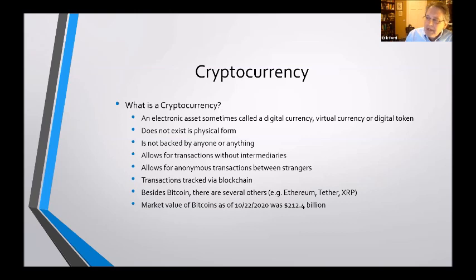It is not backed by anyone or anything, unlike government fiat currencies that we use, like the dollar and the pound and the euro, which are backed by central banks and the full faith and credit of governments, hopefully. It's not backed by anyone or anything.